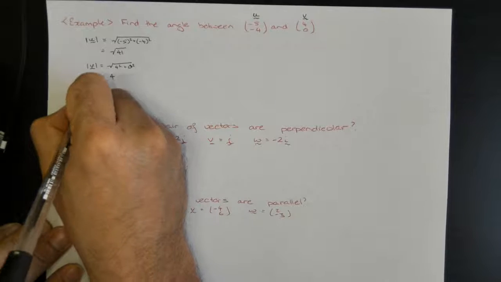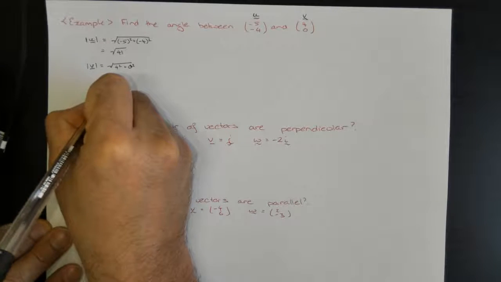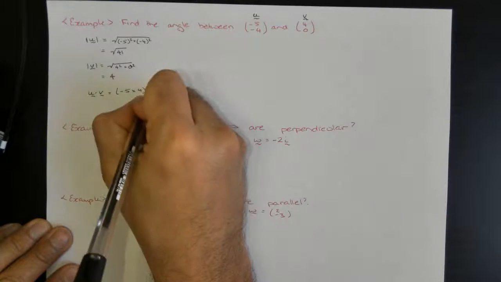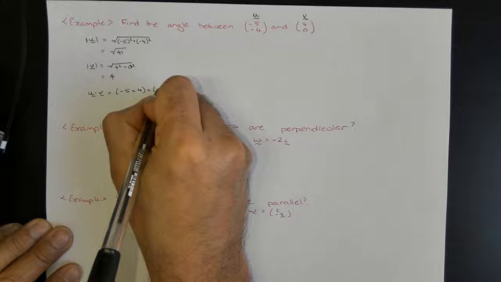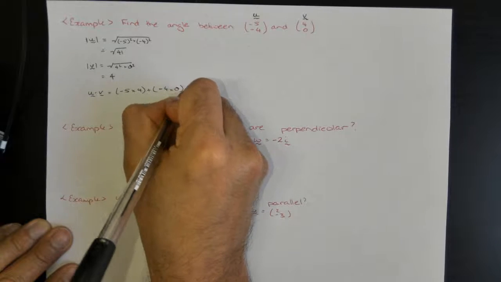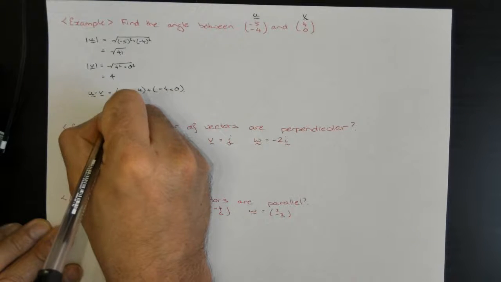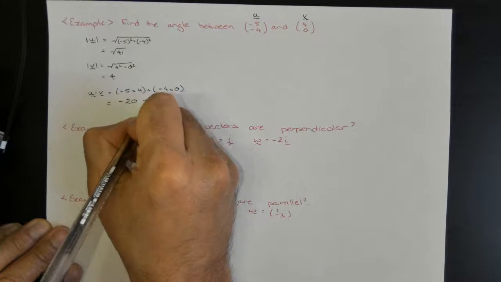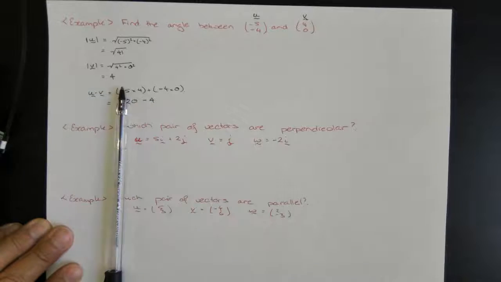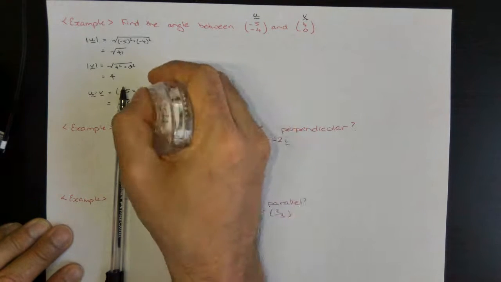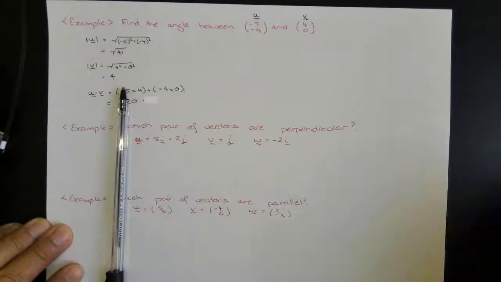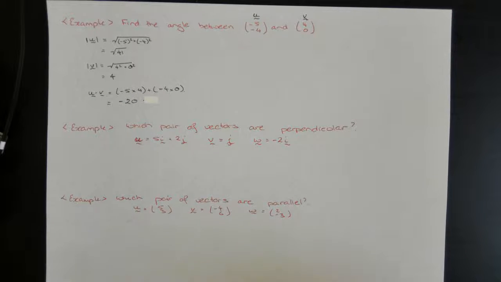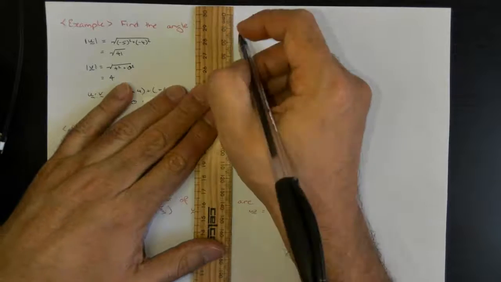Okay. The dot product is negative 5 times 4 plus negative 4 times 0. So I get negative 20 minus 4. Oh no, plus nothing. Yep. And I'll just draw a quick little example of how this would look.